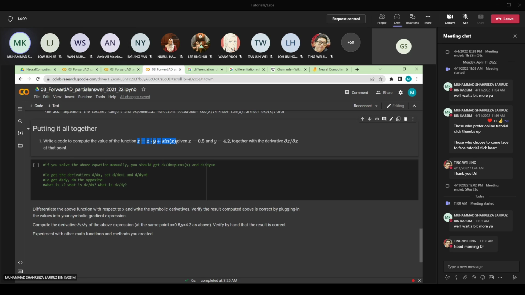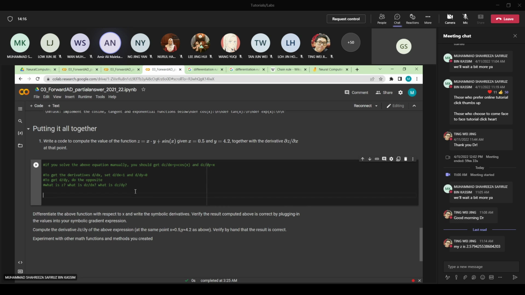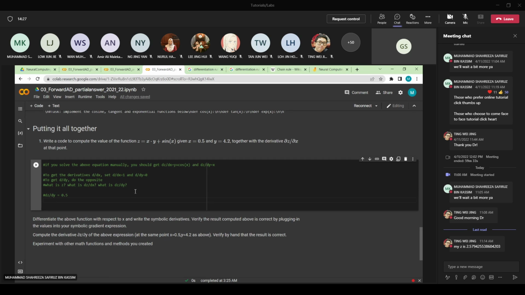So what is the value? For dz/dy, I think it is half. For the first one, because we need sine x to be kept in the equation, and we're just deriving over that, negative cosine of x.